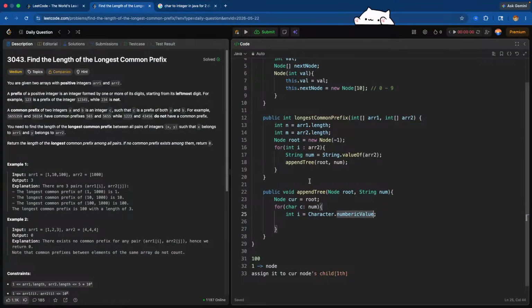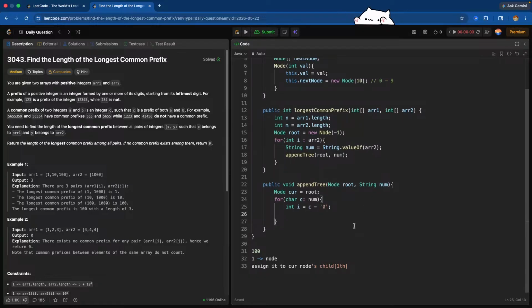Anyhow, we have one digit, right? So I can do c minus '0' to get that integer, and then current.nextNodes.